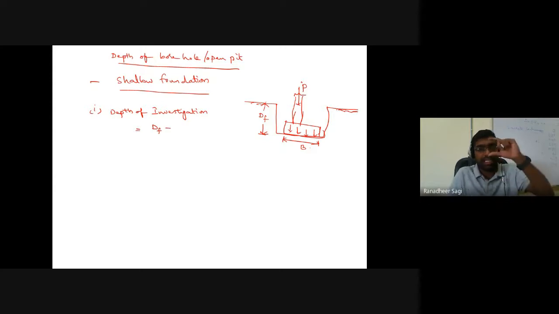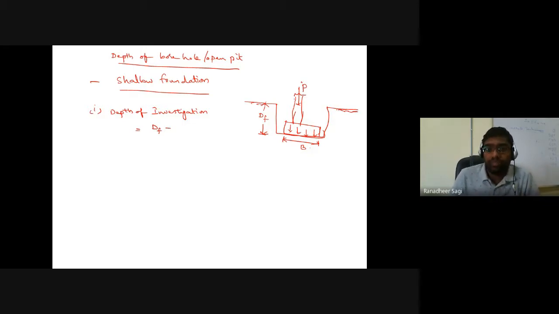Now, is it only till the depth of the footing that I should understand the condition of the soil? No. It is also important for us to understand the condition of the soil below the footing position also. Now, till what depth below the footing position do I need to know the condition of the soil?